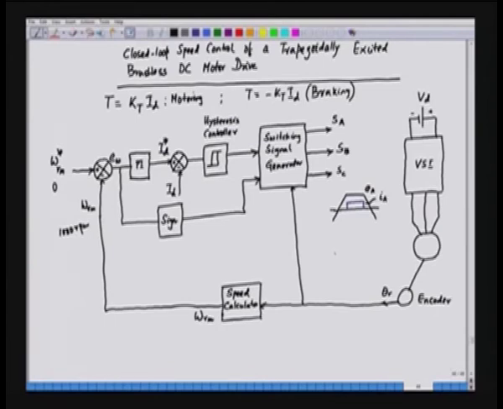For braking, we will have different waveforms. This is the voltage waveform here, and the current waveform is 180 degree phase shifted. So, this is the current for the braking operation. This is EA and this is IA. This is for motoring, and the figure below is the braking operation.